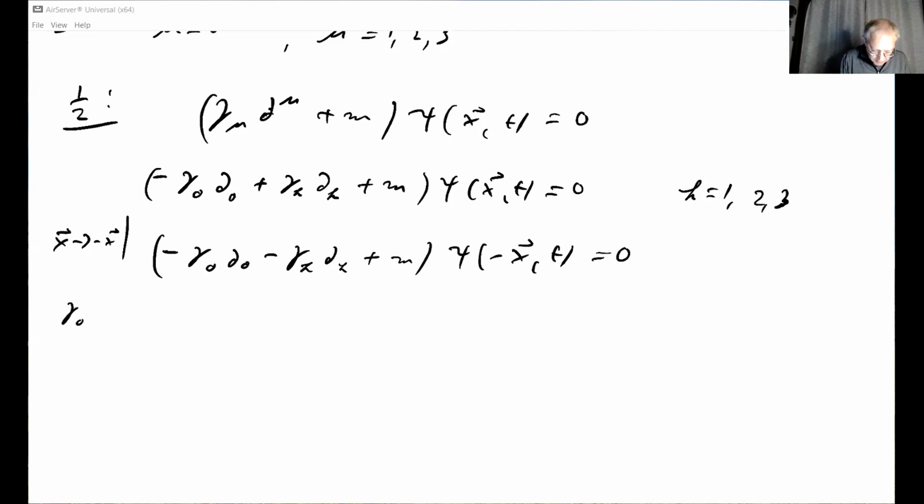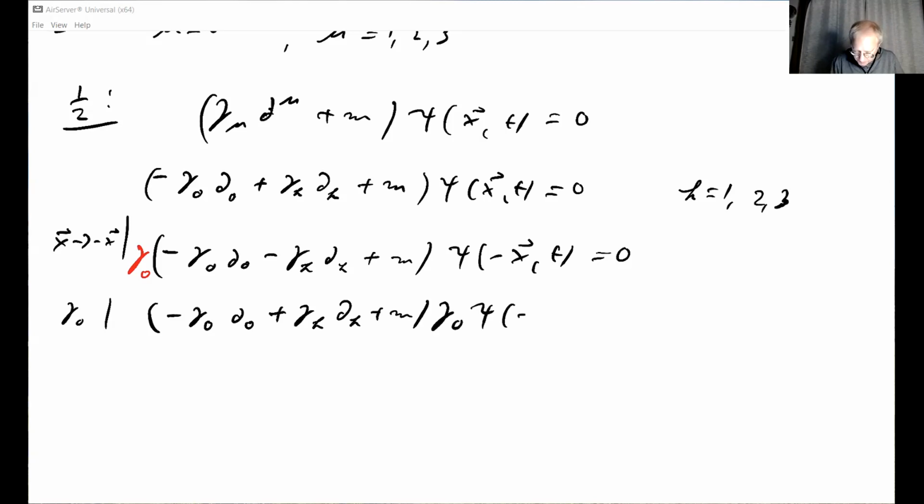Now I multiply by gamma 0 from the left. So I just put here some gamma 0, and I now pull it through to the right. So I have minus gamma 0 d mu. But here I pick up a plus sign because the matrices anticommute.